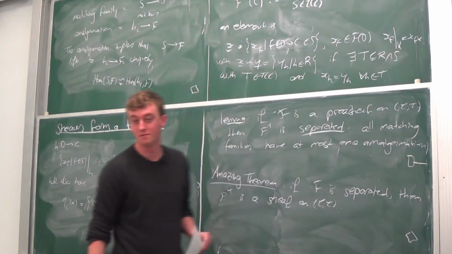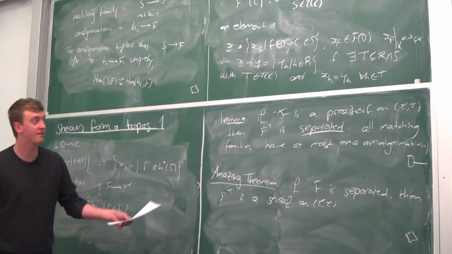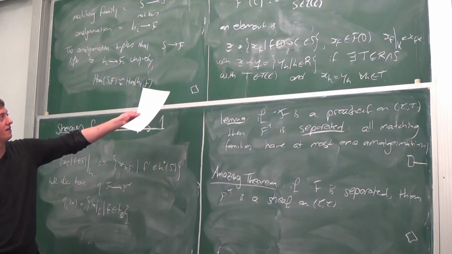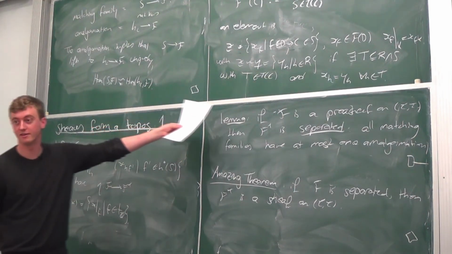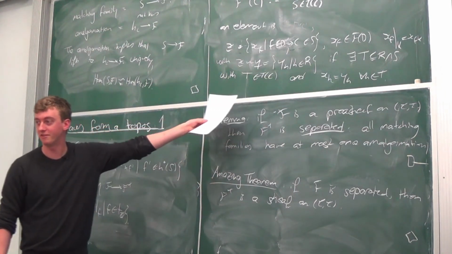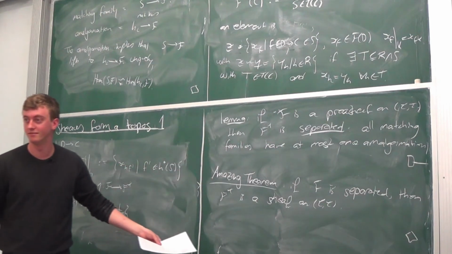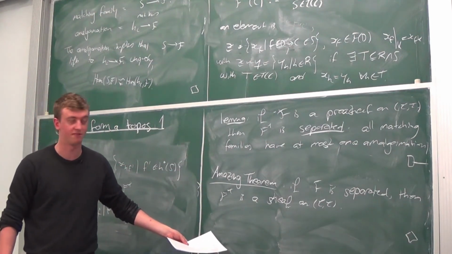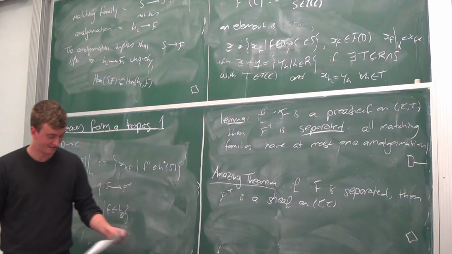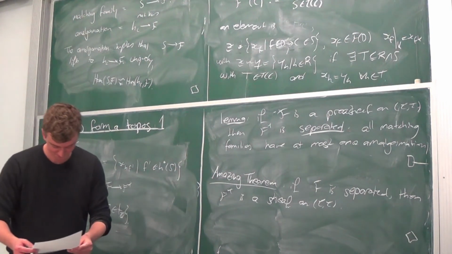I'm also not going to prove that, but this is amazing. We've taken a thing that a priori doesn't seem to do much other than mod out by excess amalgamations, but when you apply it twice, you get the extra sections, the extra amalgamations that you need. So this is really cool.